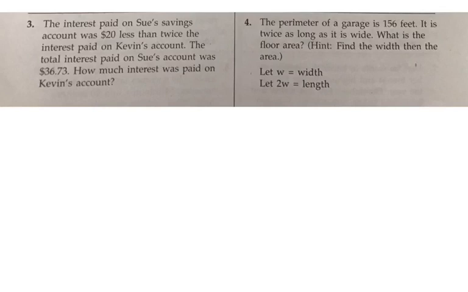So again, we're going to write down what we know. We have Kevin and we have Sue. And what do I know about them? So the interest paid on Sue's was $20 less than twice the interest paid to Kevin. So 20 less means we're going to subtract 20. And it was 20 less than what? Twice what Kevin paid.